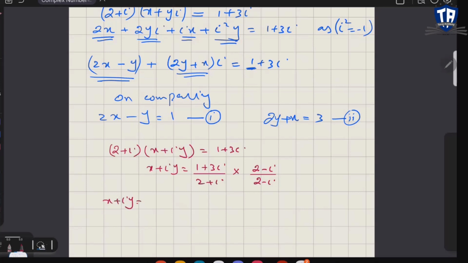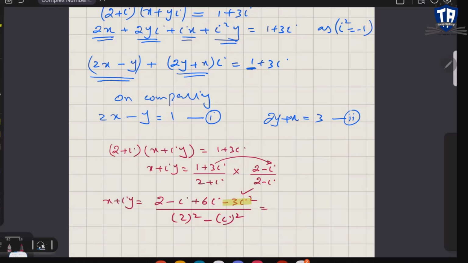So in the numerator I'm multiplying directly. 1 will multiply by 2 minus iota, plus 3 times 2 is 6 iota, plus minus minus, it is 3 iota square, divided by, okay, iota square is minus 1. So this term will become plus 3.